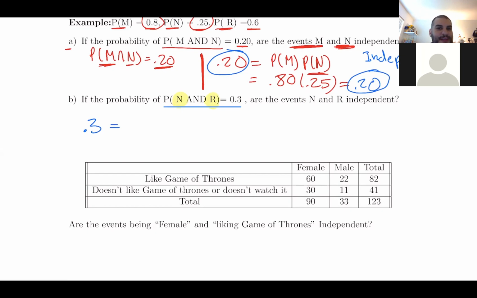In the problem, what do they tell us the probability of N is equal to? Yeah, 0.25. What is the probability of R? Yeah, 0.6.